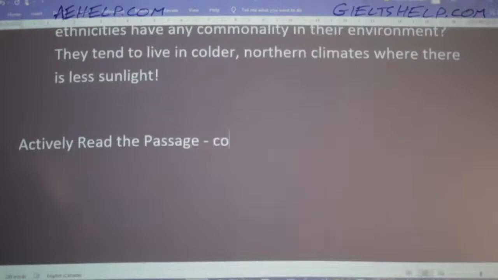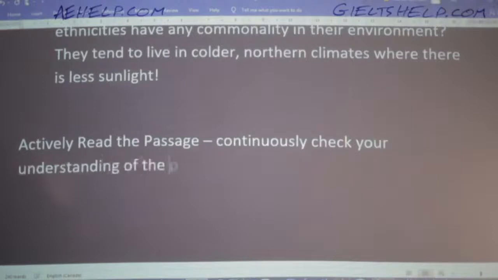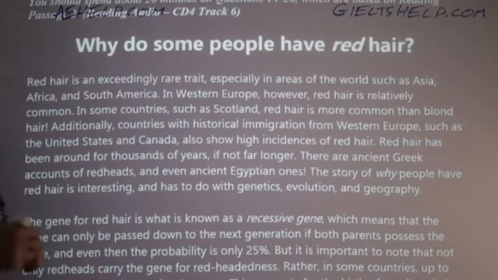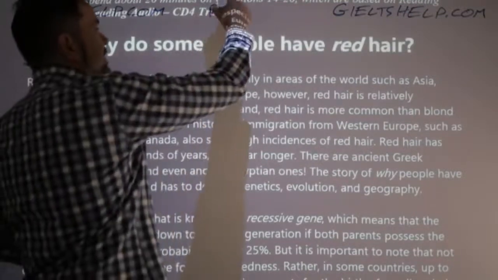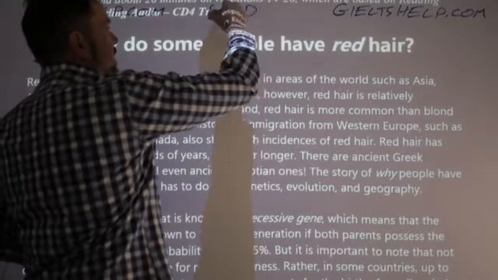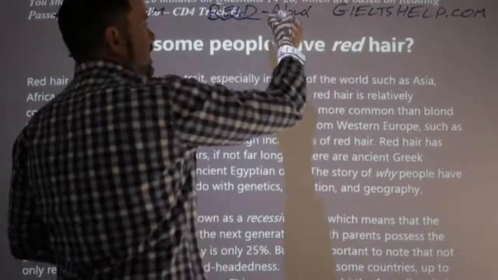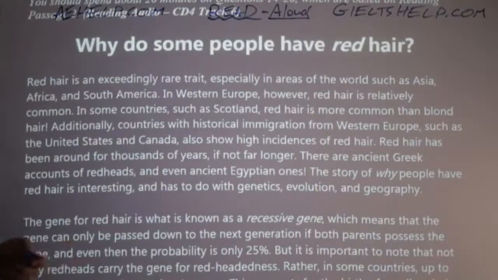This means continuously check your understanding of the passage. Okay? And we're going to do this right now. So we're doing this together, so everybody read with me. Okay, this is reading. And practice reading aloud whenever you can, all right? Which means hear yourself.